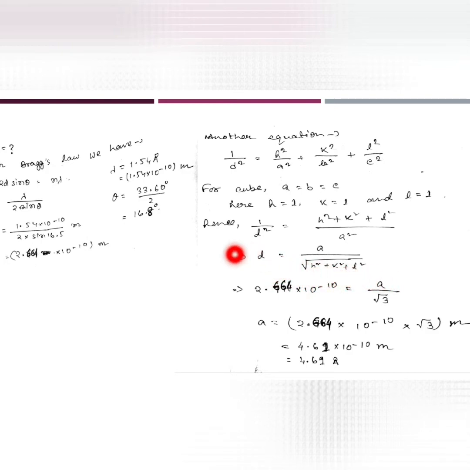Now the d value you already calculated, and h, k and l are given, so h square plus k square plus l square is equal to 3, that is a is equal to 2.664 into 10 to the power minus 10 into root 3, which is equal to 4.61 into 10 to the power minus 10 meter, that means 4.61 Armstrong.